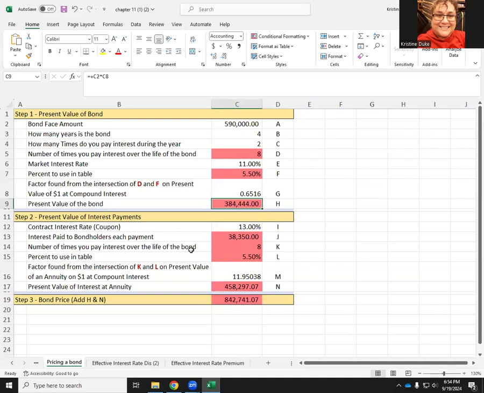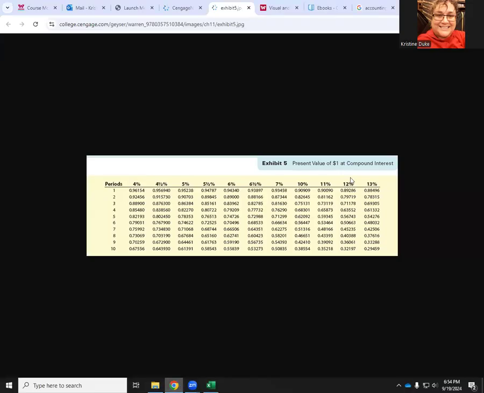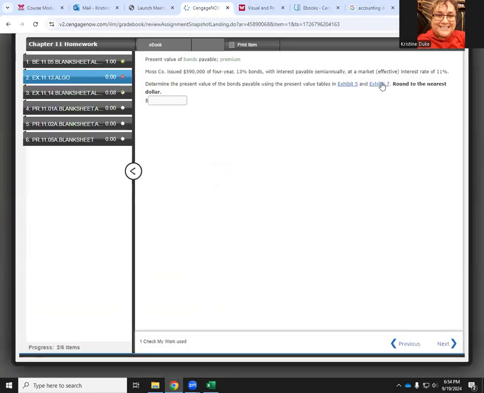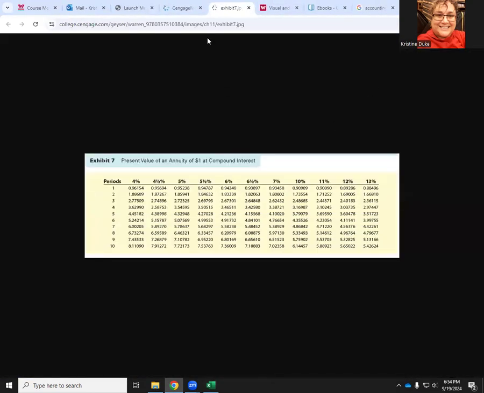Now, the second portion is looking at the payments, the annuity portion of those interest payments over the life of the bond. And again, it's only 4 years, so there's not a whole lot of annuity there. So these are the interest payment portions. So again, we're going to come back over here. I'm going to get rid of that exhibit. This is present value of $1 at compound interest. Now we're going to come over here to the annuity portion.